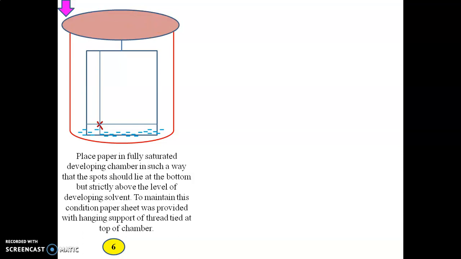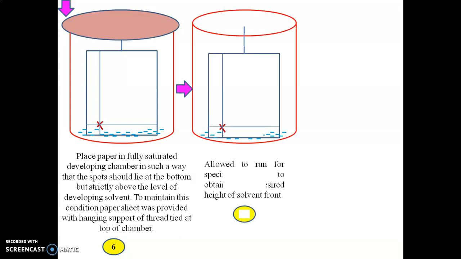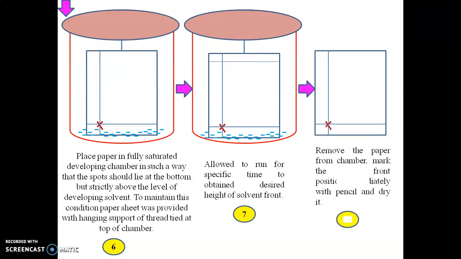Then again cover it and allow the solvent to run through the paper up to the desired height, that is 70 to 80%. Then when the solvent has run up to 70 to 80% of the paper, remove it from the chamber, mark the solvent front position immediately with a pencil and dry it.